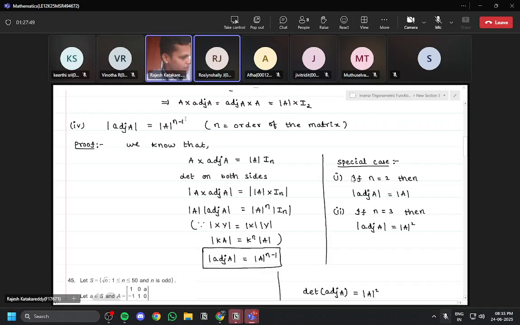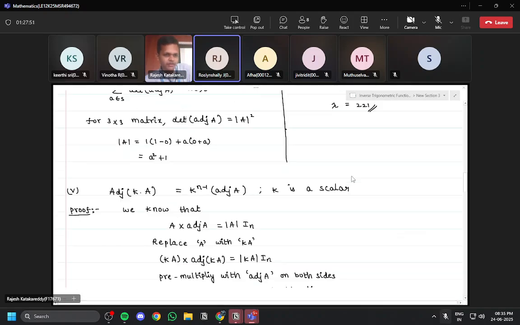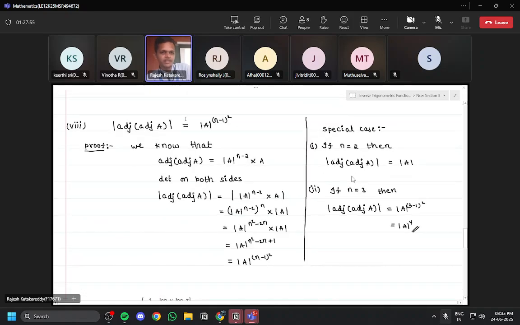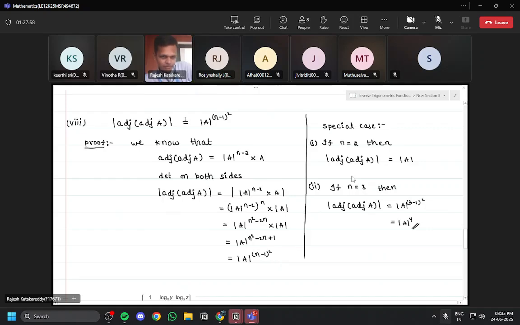Determinant of adj into adj, that is determinant of A to the power n minus 1 the whole square. Okay. Give me a moment. This one. Yes, sir. In that, could you explain the second step? This one. Taking determinant on both sides. After that, the second one. Like second one, you can see determinant of A to the power n minus 2.